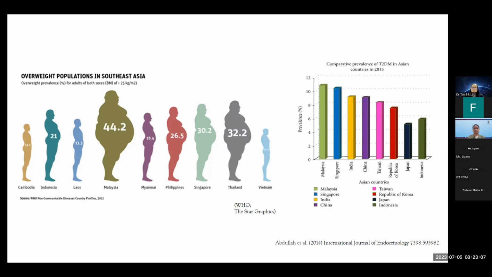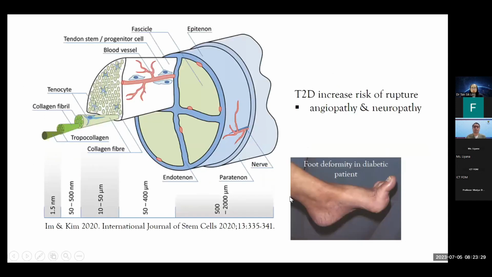As we are aware, recent reports say that Malaysia is one of the fattest nations among Southeast Asian countries, and the prevalence of type 2 diabetes in Asian countries is also among the highest in Malaysia. In type 2 diabetes conditions, the risk of tendon rupture increases, through conditions such as the presence of angiopathy and also immobility in diabetes.